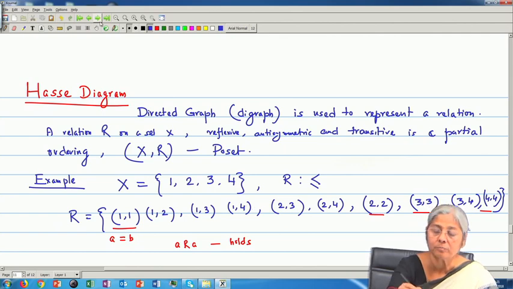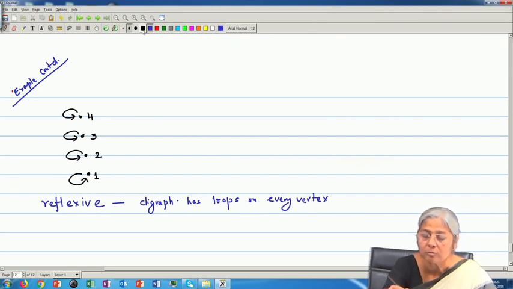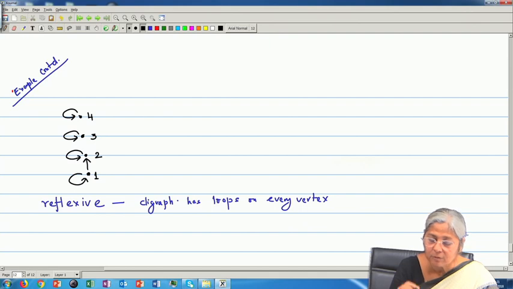I can put a directed edge from 1 to 2, since 1 is less than 2, 2 is less than 3, 3 is less than 4, again 1 is less than 3, and 1 is less than 4 also.